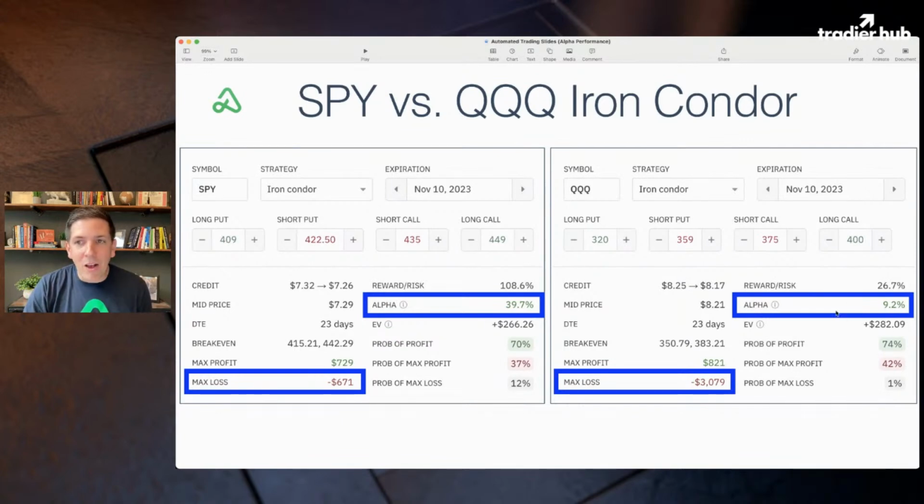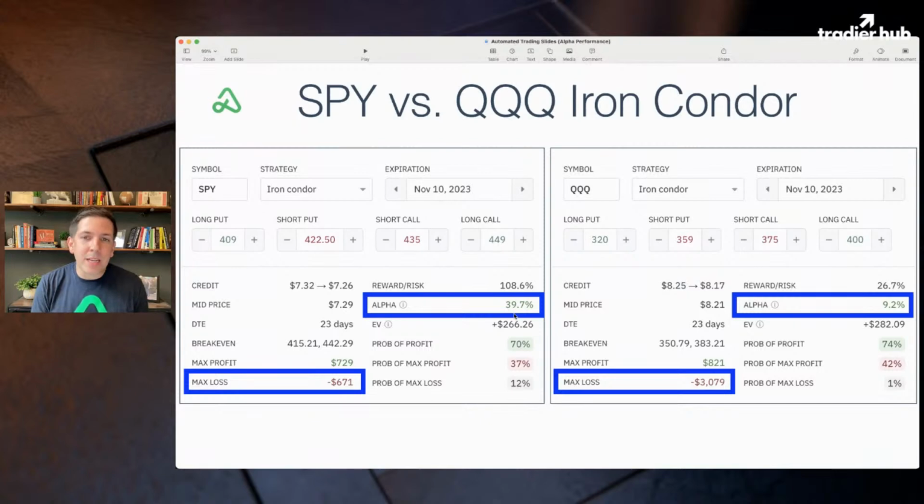In this case, the alpha of this QQQ position is only 9.2%. That's basically taking the 282 divided by the max loss, and that's how we get to the 9.2%. That's a good metric to use because you can baseline it against other potential trades. You can see that this SPY trade, even though it has a lower expected value, has a better risk profile because the alpha is higher at 39.7.